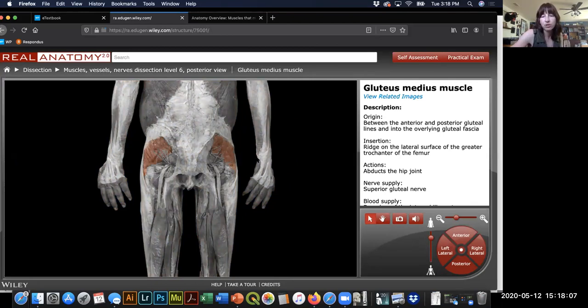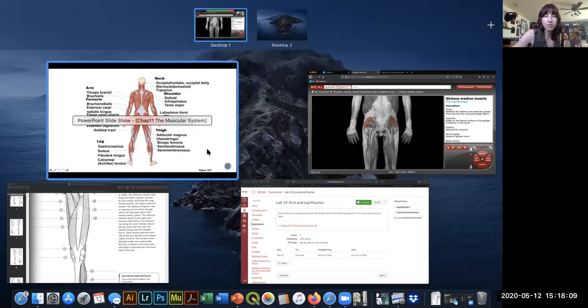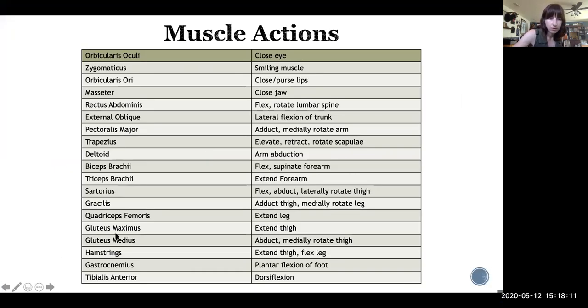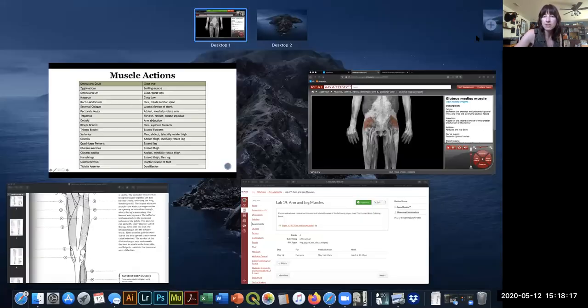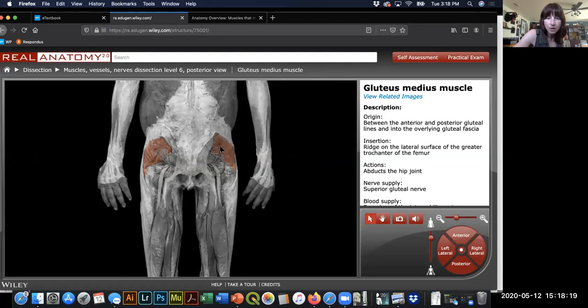So it's going to help the gluteus maximus with extending the thigh. And it's going to also abduct and medially rotate the thigh by pulling here, bringing this leg out this way, okay?